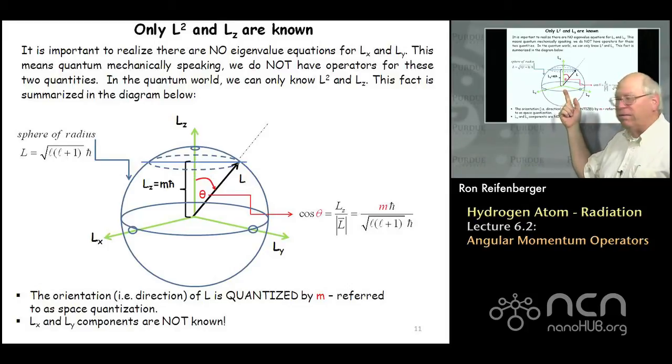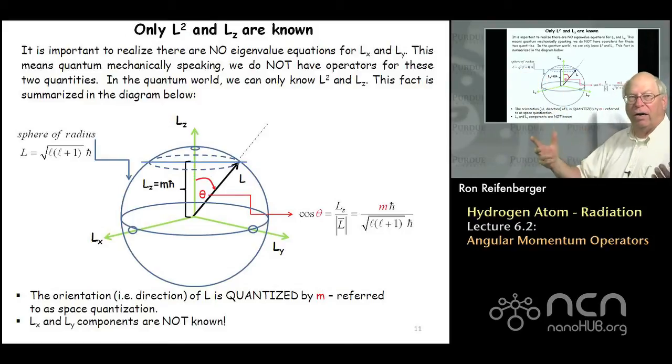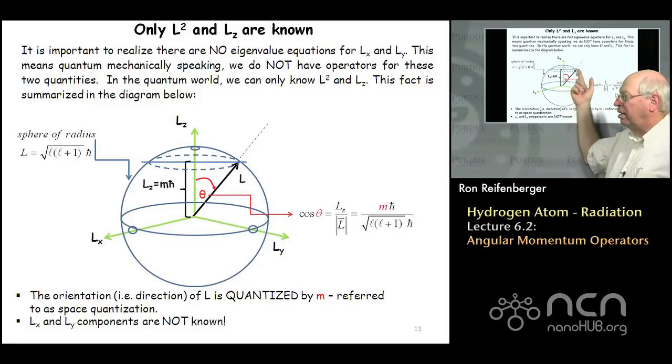The quantum state of interest is specified by the value of script L, right? So if you tell me the value of script L, then I can calculate the square of the angular momentum. I can take the square root of that, and that will then give me the size of the angular momentum vector, which is indicated by the black line in this diagram.